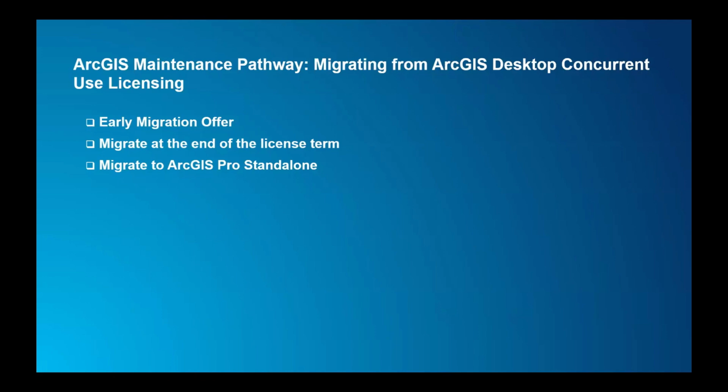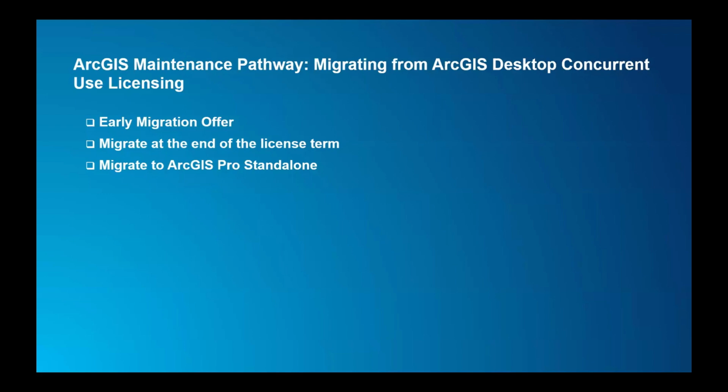So customers looking to migrate early have a couple of choices. You will be able to convert each of the concurrent use licenses to 3 user types. And of course, if you miss any of this, it will be uploaded to our YouTube channel, so you can always go and interact with this webinar to get this information again.